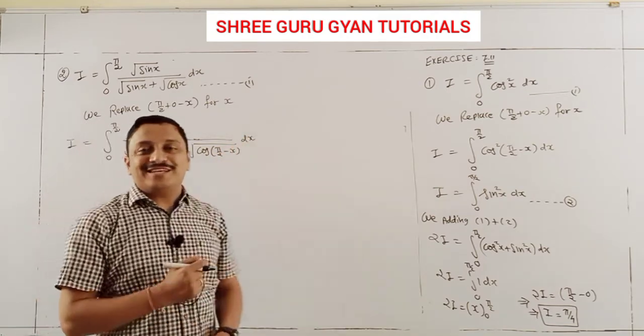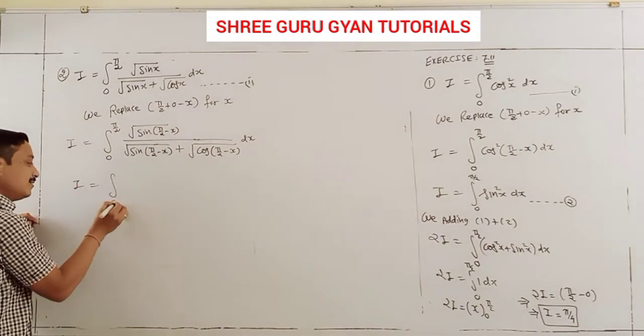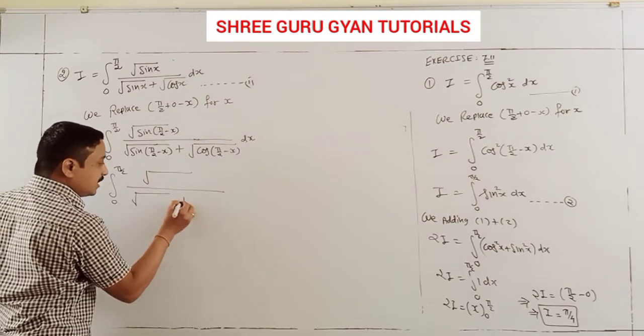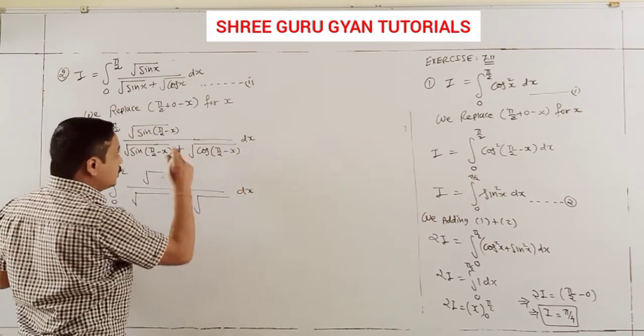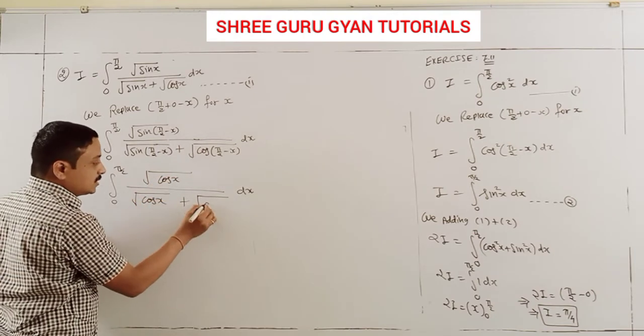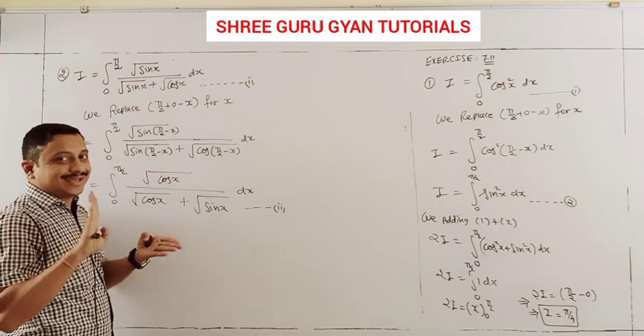Actually 90 minus x is what? Cos converts to sin, and sin converts to cos. So here you get under root cos x over under root cos x plus under root sin x. Statement 2.